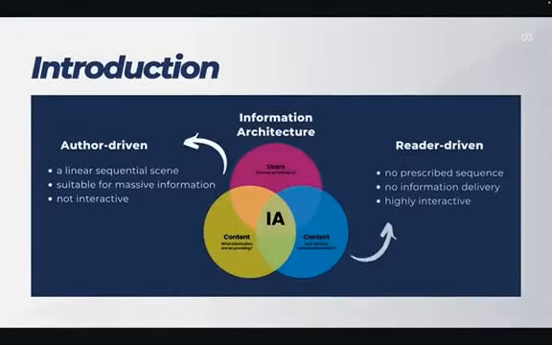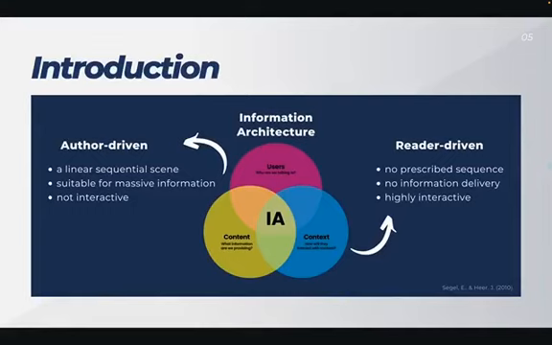There are two main types of data narratives in decision aids, which are called author-driven and reader-driven. The author-driven narrative is a linear sequence that is good for delivering a large amount of information, but not very interactive. On the other hand, the reader-driven narrative has no prescribed sequence and is highly interactive.